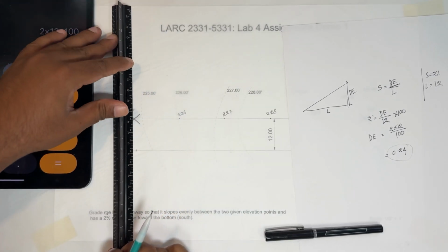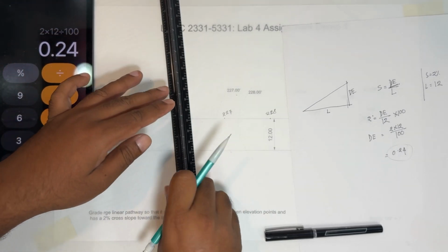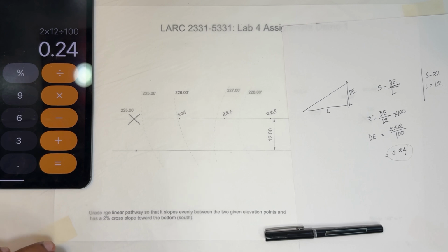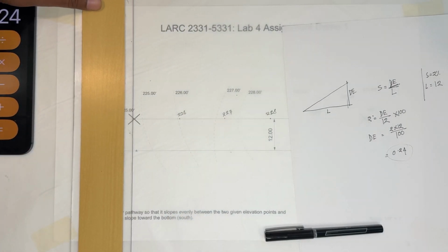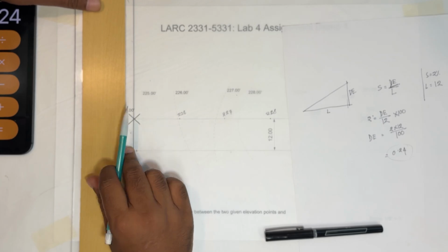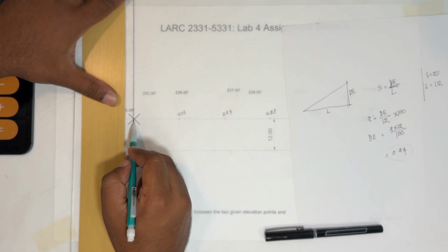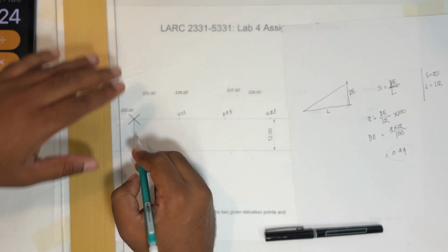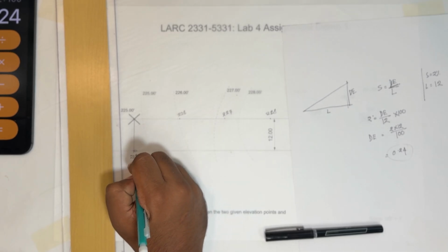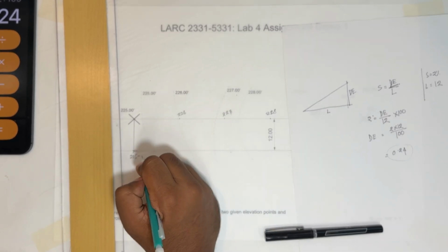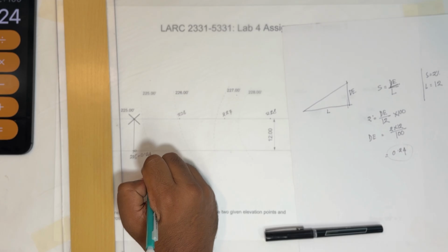So if we draw a complete vertical line from here to here, using this scale, this point would be 225 minus 0.24.